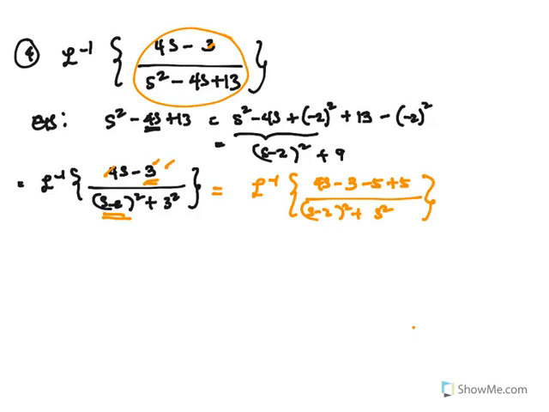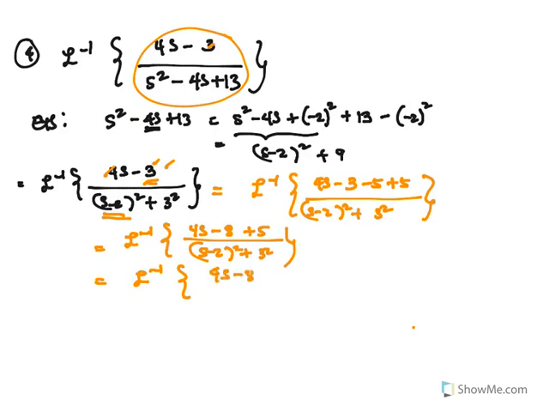And so for this, you'll have inverse Laplace of 4s minus 8 plus 5 all over s minus 2 squared plus 3 squared, which we can rewrite as inverse Laplace of 4s minus 8 over s minus 2 squared plus 3 squared, plus inverse Laplace of, the 5 we bring out, and then you have 1 over s minus 2 squared plus 3 squared.